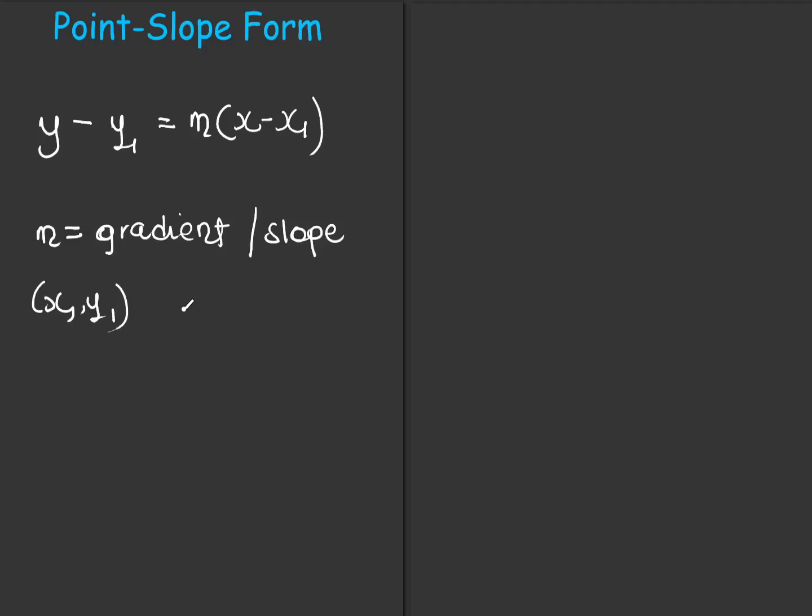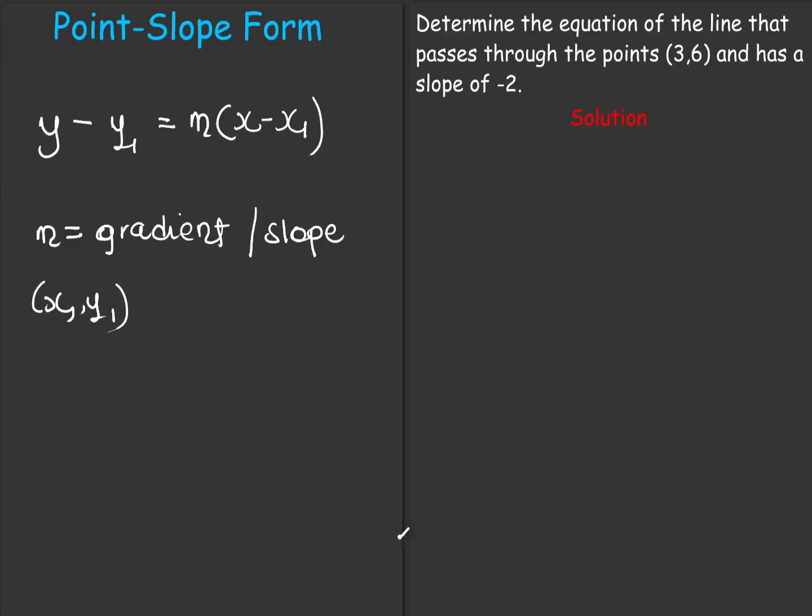So to really understand this, let's go to some specific questions and see how we can apply them. Our first question says: determine the equation of the line that passes through the point 3, 6, and has a slope of -2. Our solution: we have a point, and we have the gradient.